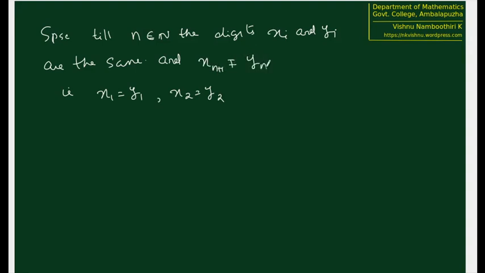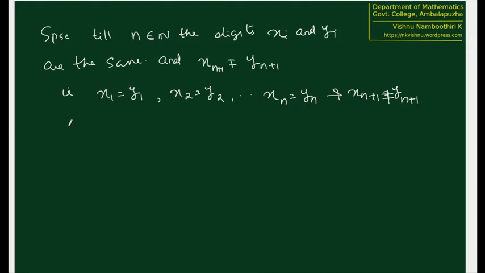So x1 equal to y1, x2 equal to y2, etc., xn equal to yn, and xn plus 1 not equal to yn plus 1. Suppose that this is the case. That means till xn and yn, the digits are the same and the difference starts from xn plus 1, yn plus 1 onwards.